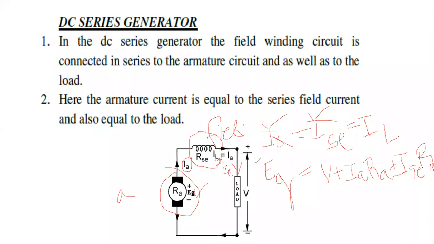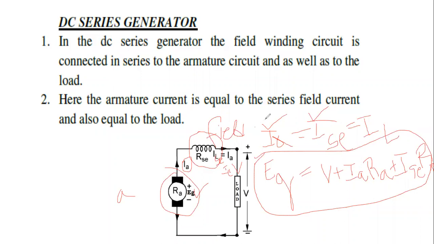This is the voltage equation in the case of a series generator, and the previous one is the current equation.